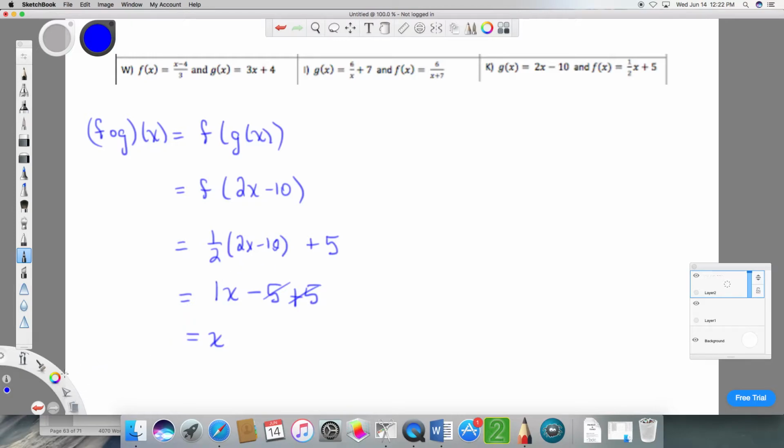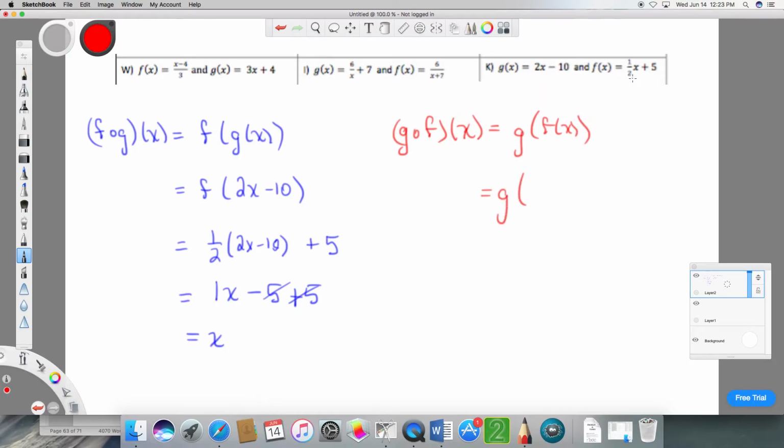Now, to truly verify that, we have to make sure that g composed with f also reduces to x. So this time, f is the input of g.